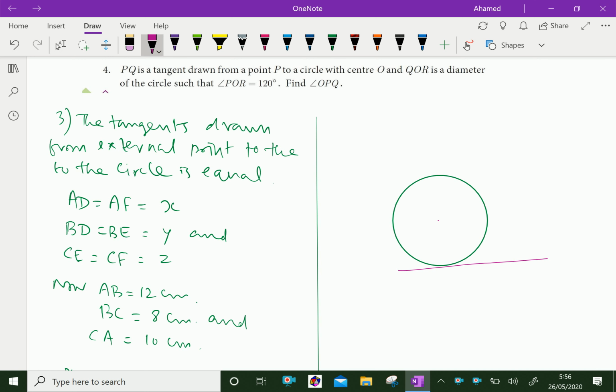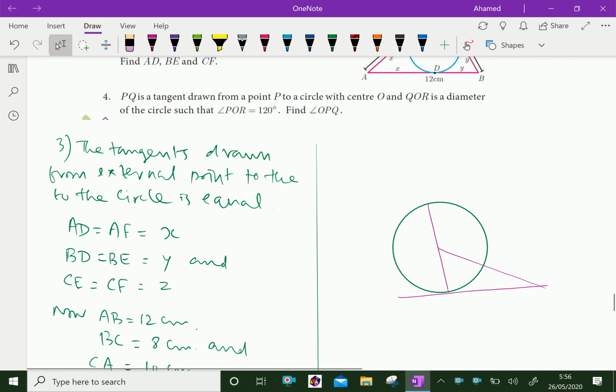From the center we'll draw the diameter, from center to join this external point. Now here PQR, question number 4.